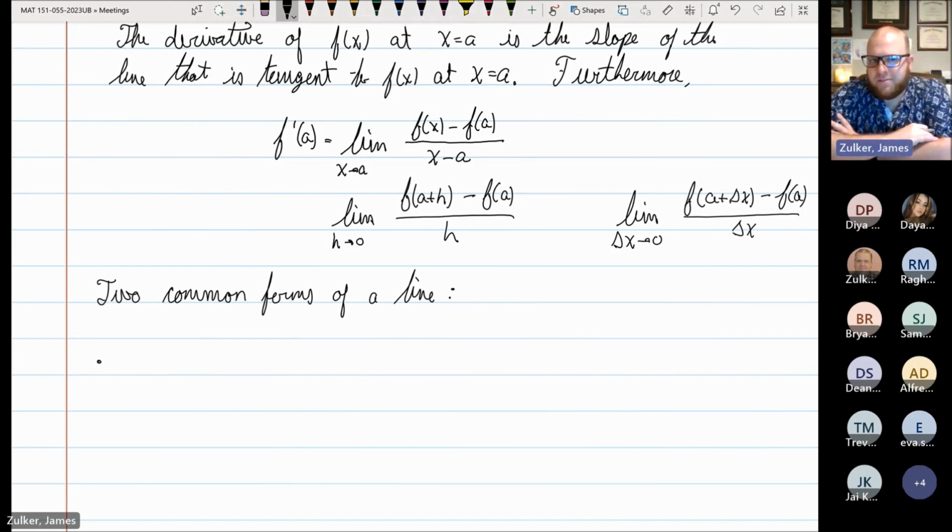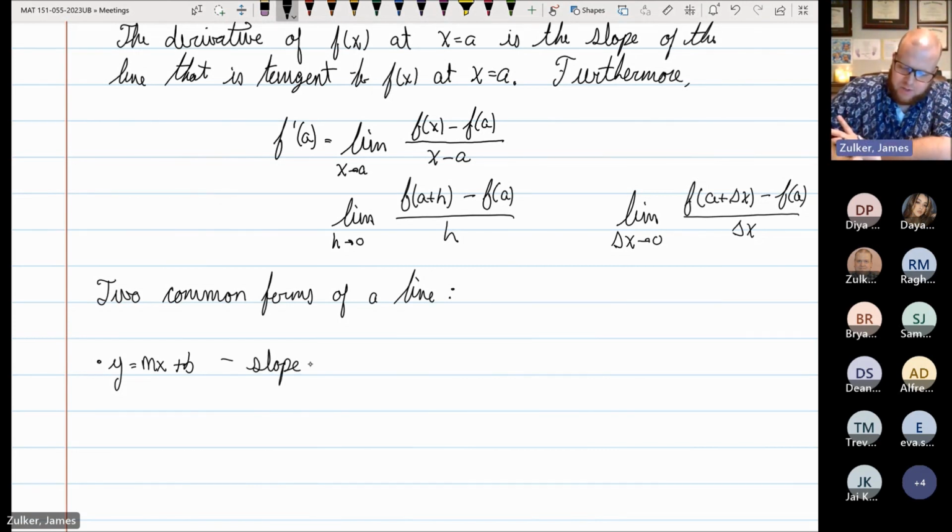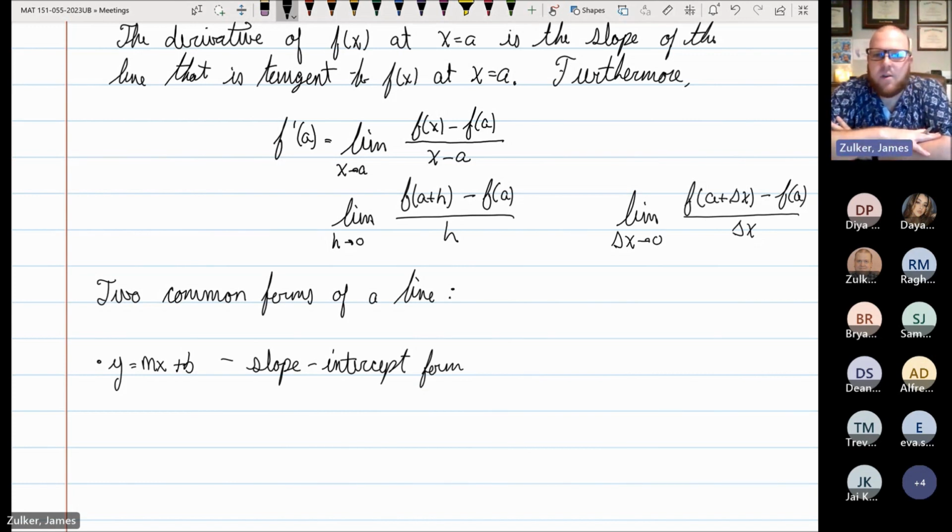The most common, recall, is y equals mx plus b, called slope-intercept, where m is the slope and b is the y-intercept, right?